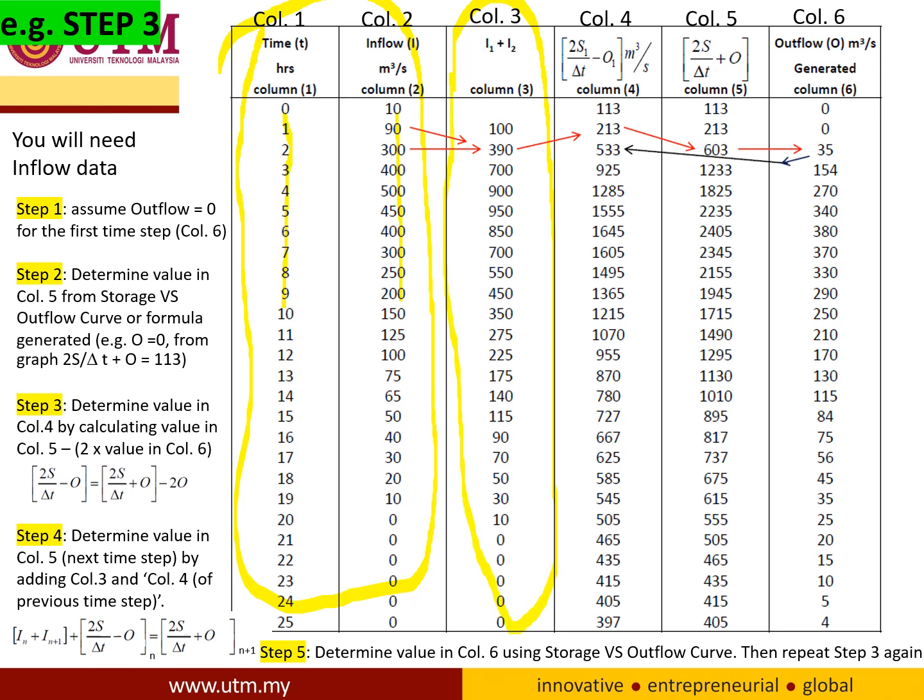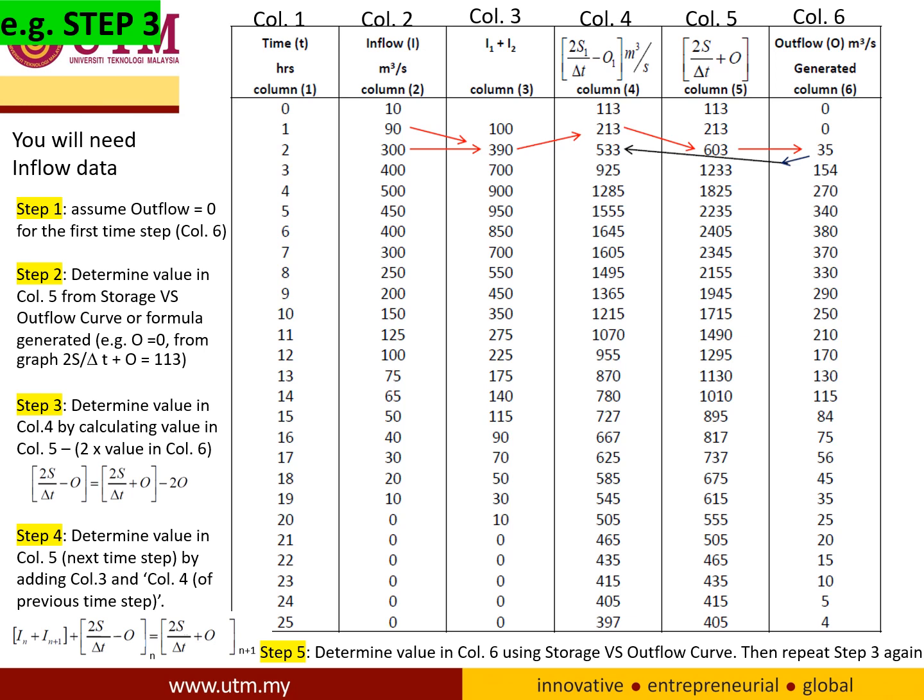Just add I1 plus I2, meaning the first time step plus the second time step, so you get the value for column 3. You finish calculating all the values in column 3 first before you continue to the next steps here.